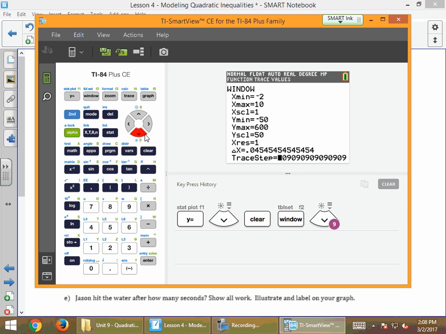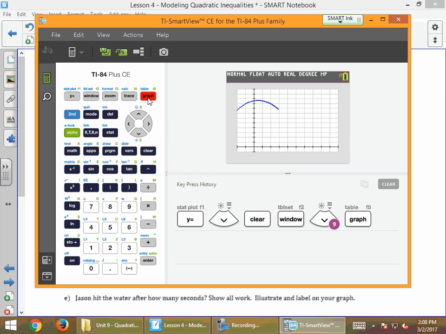And then, once you have that done, go ahead and hit graph. And that's what your graph should look like.